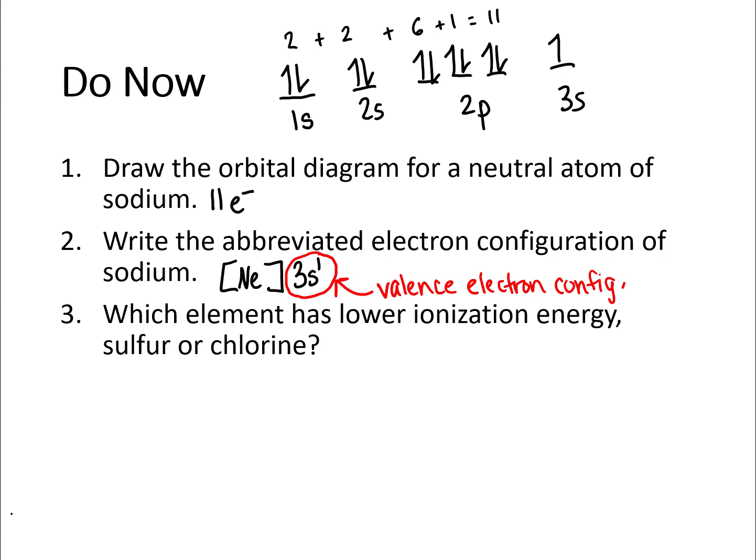And finally, which element has lower ionization energy, sulfur or chlorine? Which one is it? Should be sulfur. So as you go across the periodic table, your ionization energy increases.